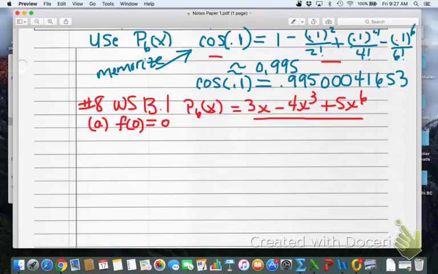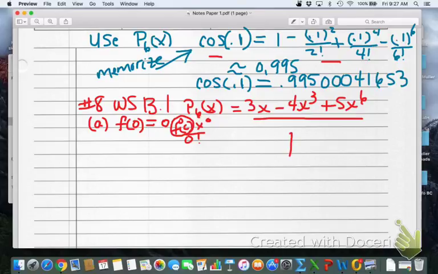And if we know that this is x to the 0 over 0 factorial times the 0th derivative, then the only thing in this that can be 0 is going to be that constant, which is really just f of c. So f of 0 is 0.